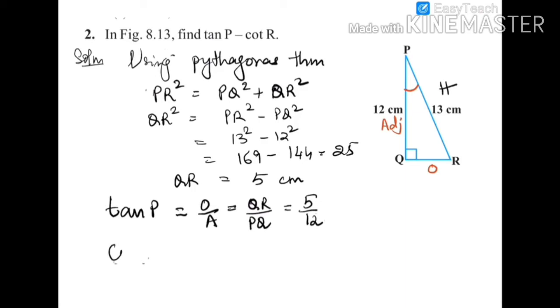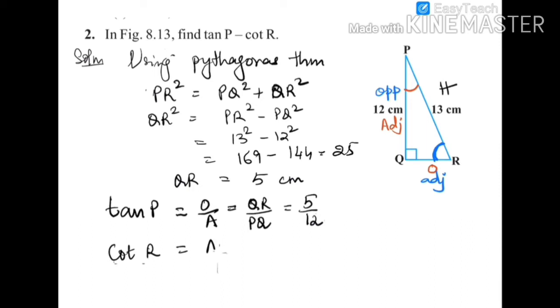The second ratio is cot R. So let's mark angle R in the figure. So with respect to angle R, PQ will be opposite side and QR will be adjacent side.